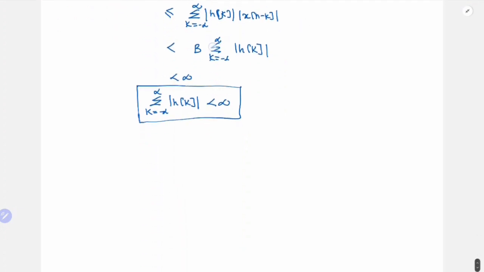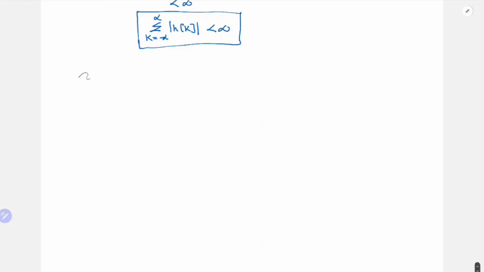So now let us look at a causal LTI system described by linear constant coefficient difference equations. So in the continuous time counterpart, we would have seen differential equations. Here we have difference equations.